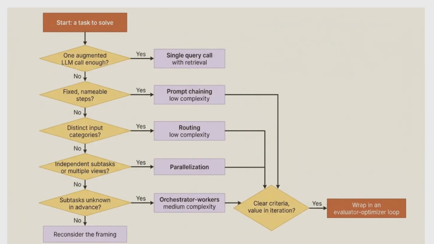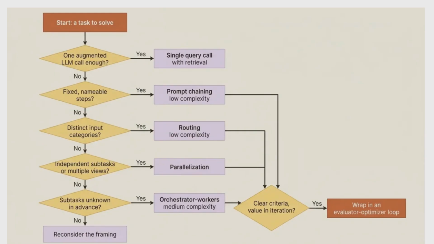So reach for orchestrator workers and full agent autonomy only when the problem genuinely cannot be scripted. Let the model's own planning absorb dynamic complexity rather than pre-building orchestration you may not need. And remember that the simplest correct pattern is still the goal, even when a more elaborate one is a one-liner away.